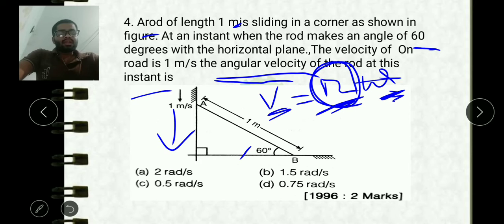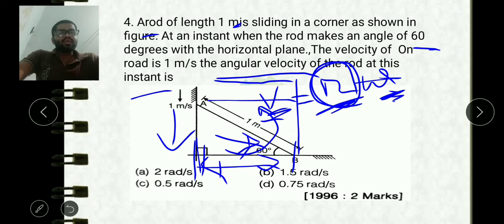For that, we can say the rod is moving in this direction, so it will be trying to rotate like this. So we need to calculate this distance, and if we can calculate this distance, then we can use that as r.